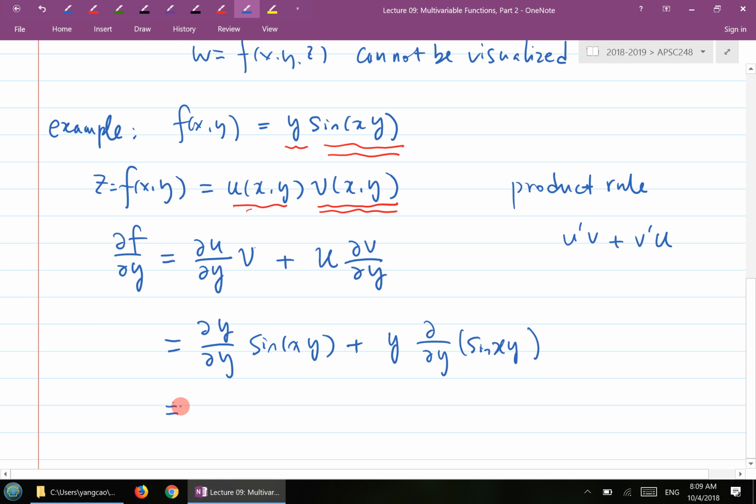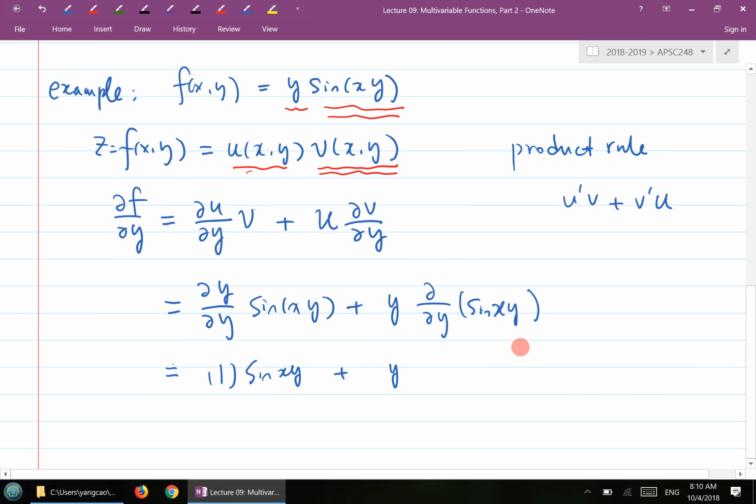Now do the actual computation of the derivative. The first one, partial y over partial y, which is straight dy over dy, is what? 1, right? And then sine xy, plus y times partial sine xy over partial y. This is where you need to consider the x variable as a constant. This is simple, it shouldn't be too bad, but always remember, your mind will play tricks.